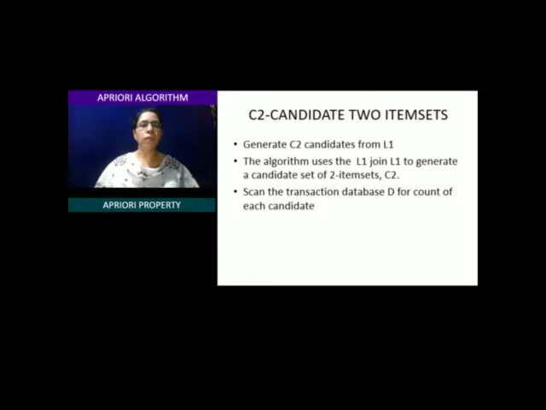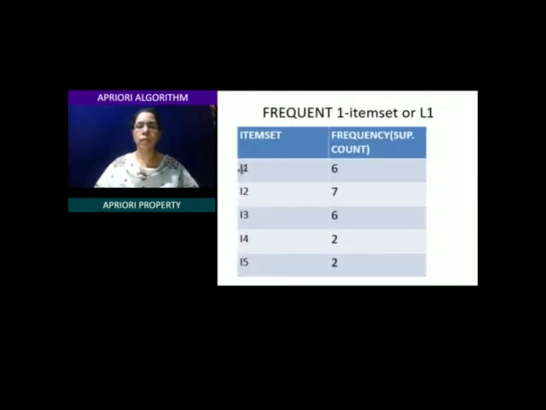Now from L1 we are going to generate C2, that is candidate 2 item set. The algorithm uses the join operation to generate candidate 2 item set or C2. So C2 is formed like this: I1, I2; I1, I3; I1, I4; I1, I5; I2, I3; I2, I4; I2, I5; I3, I4; I3, I5; I4, I5.